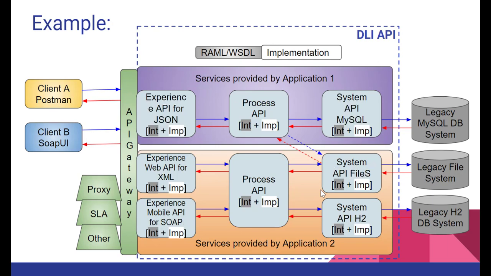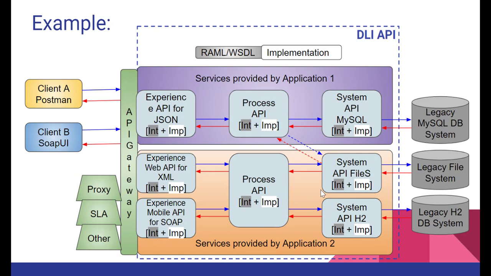All right, so now as you can see, I have just mentioned some more details about the experience API. Suppose some clients are expecting JSON data, some clients are expecting XML formatted data, some clients are expecting SOAP formatted data. In that case, we can create multiple experience APIs to provide different representations of the same data to the outside world.